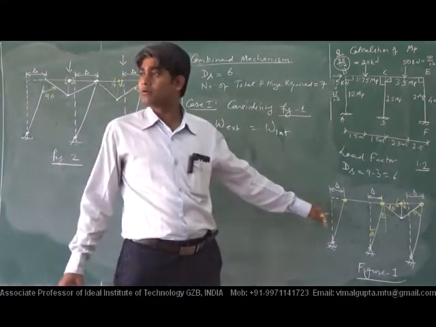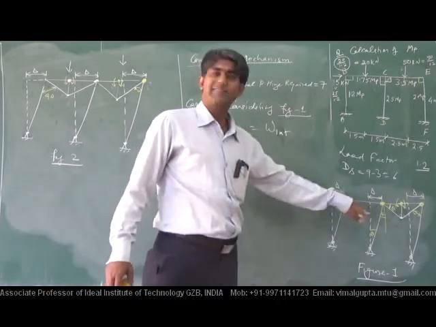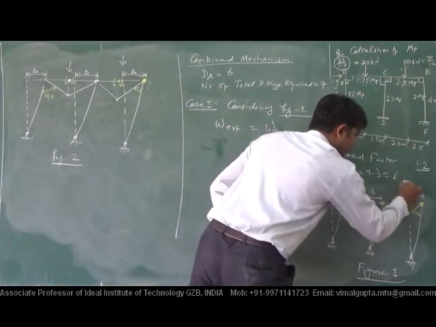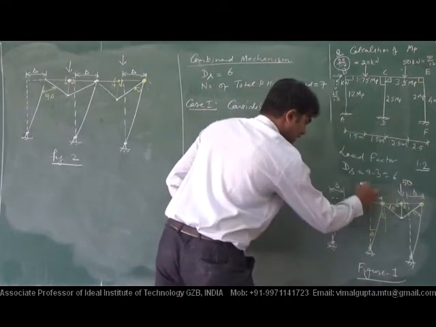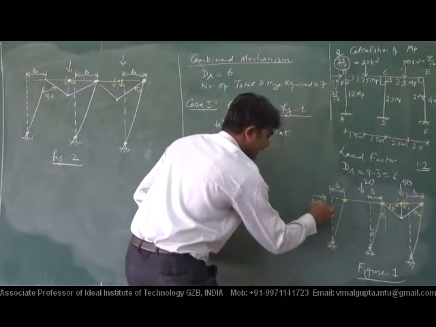What will be the value of external work done? So, mention the load also here. So, one load 50 kilonewton will be here, and 20 kilonewton will be here, and 25 kilonewton will be here.